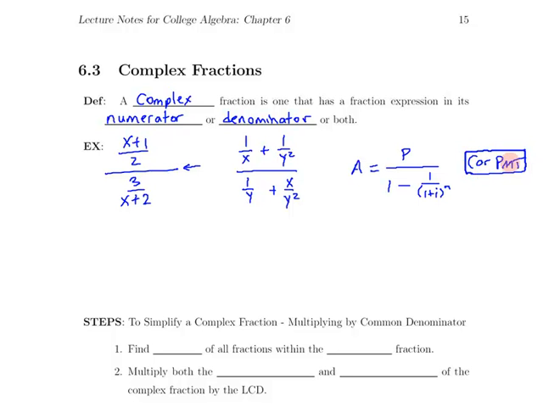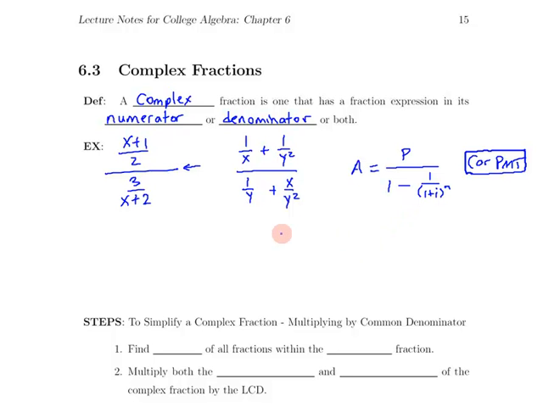We'll probably talk a little bit about this later on when we get into chapter 11 and we look at a quick application of annuities. But in this case, this is a formula that can be used to calculate how much your payment is, if P is your payment and A is your amount and i has something to do with your interest rate. I'll go through the details here. If we're ever given an application where that actually shows up in the model, we'll define exactly what those are. But you can see in this particular application, in this formula, you do have a fraction inside of a fraction.